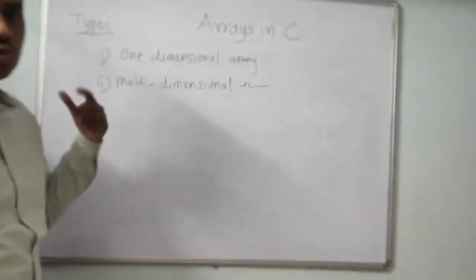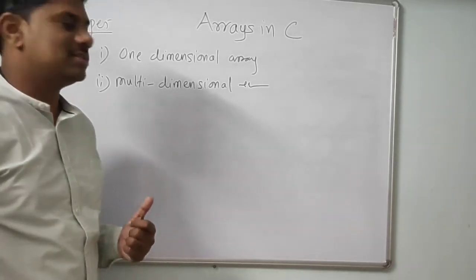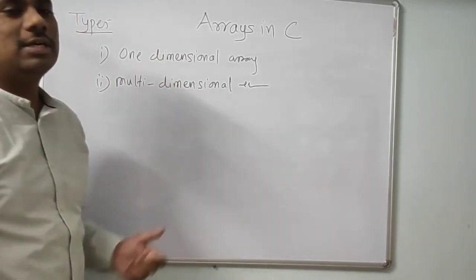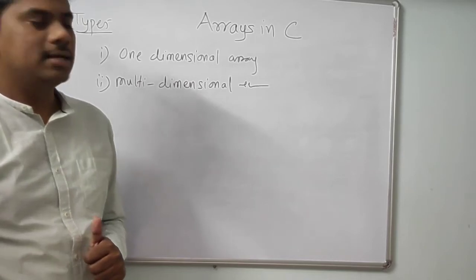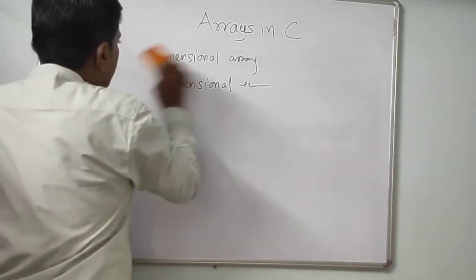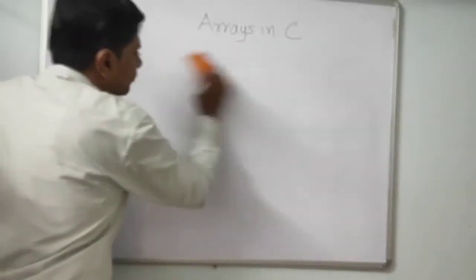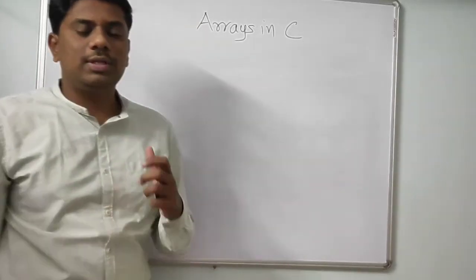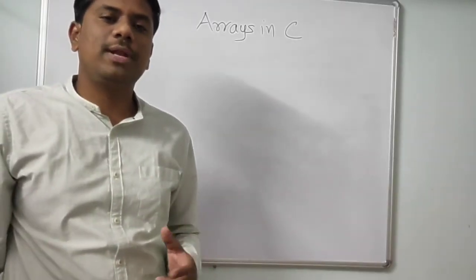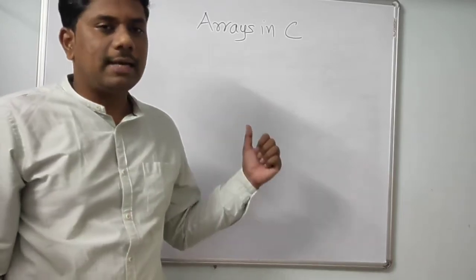Multi-dimensional array means 2-dimensional, 3-dimensional, 4-dimensional arrays are also possible. So these are the types of array. Okay, so we have covered what is the need of array, what is the definition of array, which are the advantages of array, which are the drawbacks of array, and types of array.